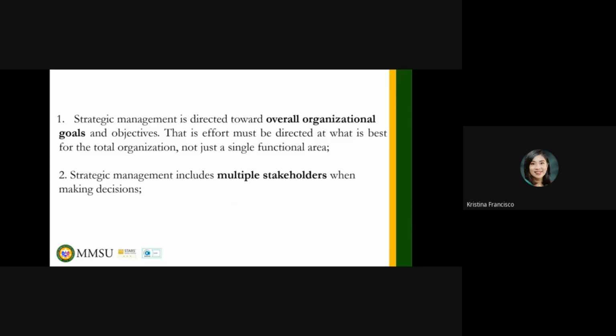What that means is that we need to focus on the overall goals and objectives. Strategic management ensures that decisions benefit the entire organization. Again, as mentioned, what is best for the total organization, not just one department. Again, what are the functional areas that we mentioned a while ago?